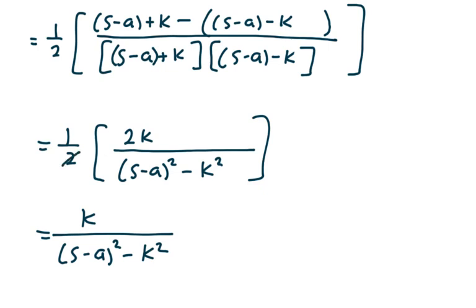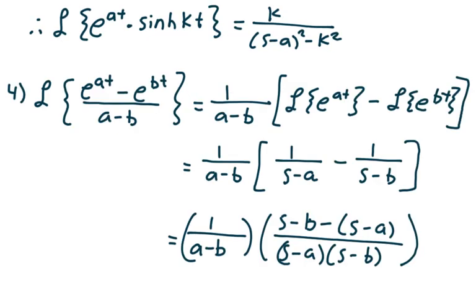The 2's cancel, and we get k over (s minus a) squared minus k squared. And we're all set. The Laplace transform of e to the at times sinh of kt is equal to k over (s minus a) squared minus k squared.